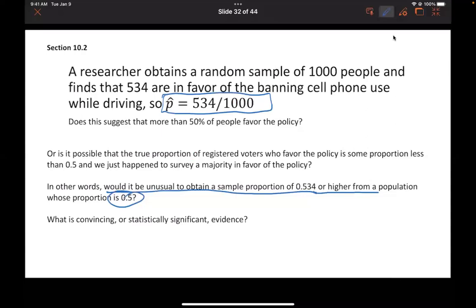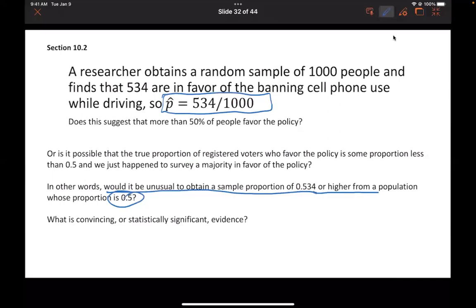How do we determine that something is convincing or statistically significant? So way back when, we talked about what an unusual value is. Y'all remember that? Back when things were easier? Remember before we said anything less than 5% is considered unusual? So here, we're still kind of doing that, but instead we're going to be talking about whatever our alpha is.